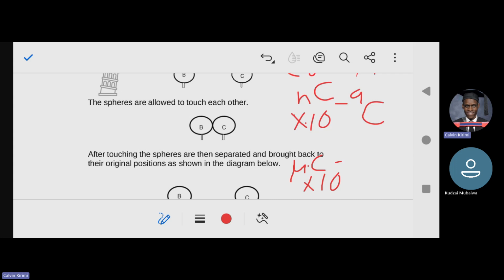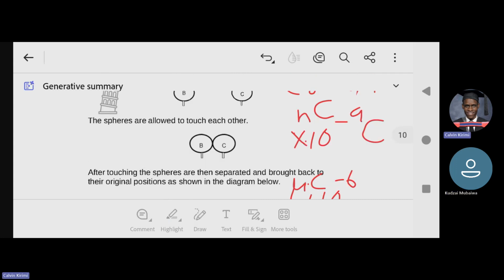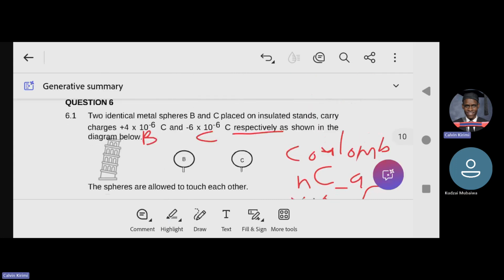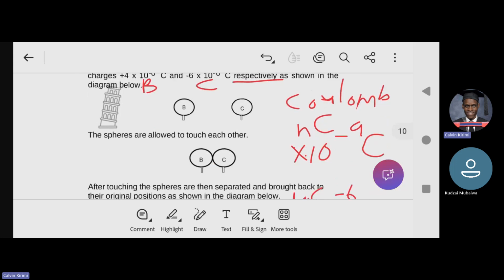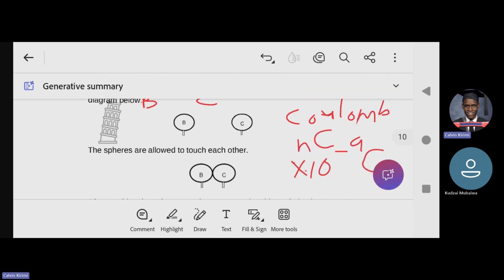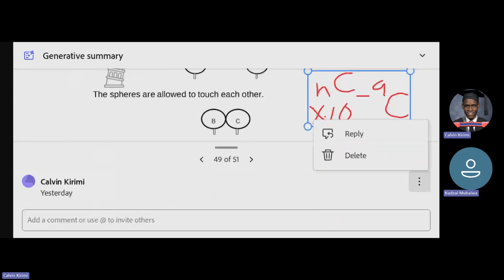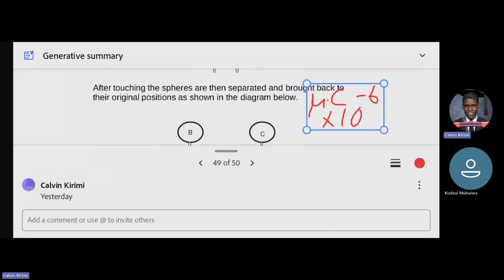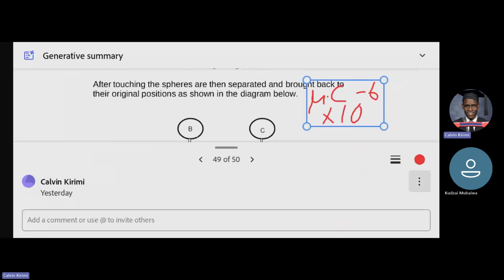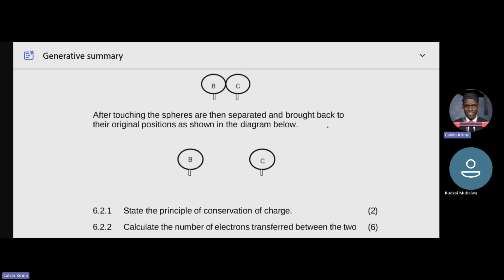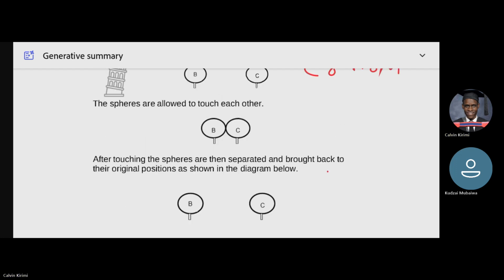You must know those things: micro, nano, milli. If they want to trick you, they will do so, but if they just want you to pass, they'll give things which are clear. So for example, nano is times 10 to the power negative 9, micro is times 10 to the power negative 6, the number that you are given.